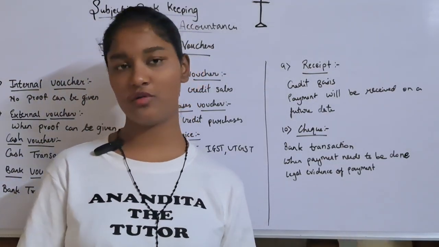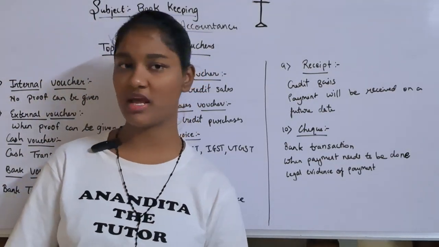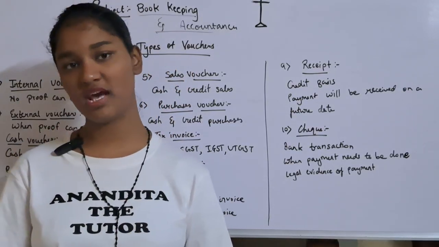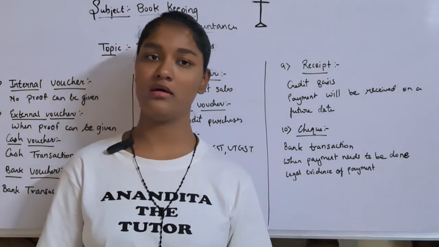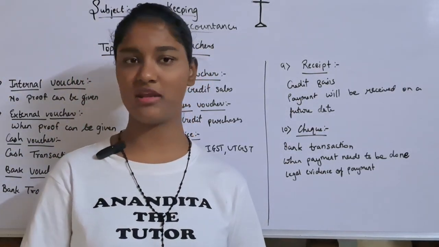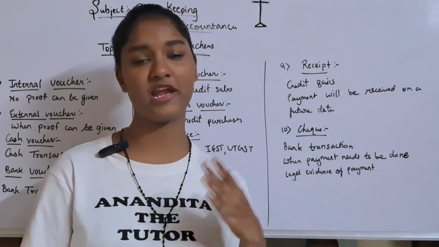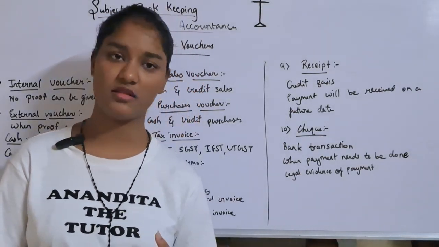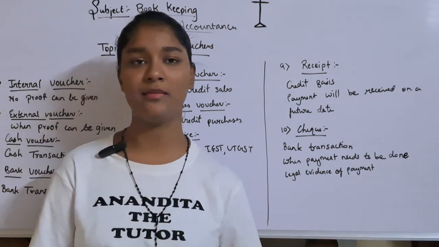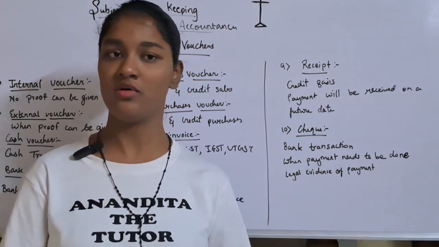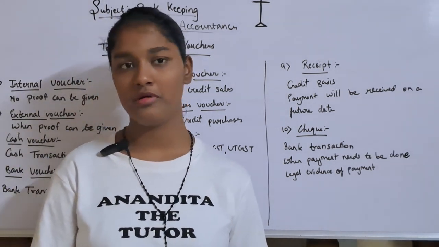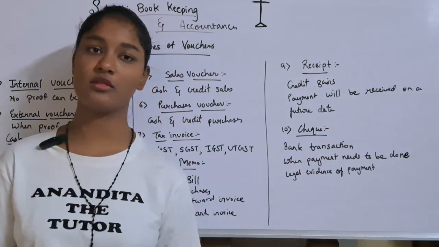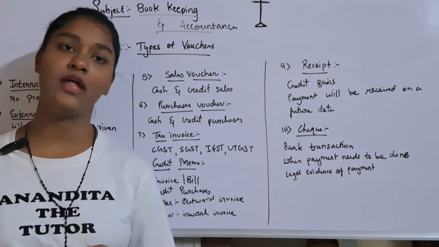Okay, so what I do, I want to do a bank transaction. So for that bank transaction, I'll write a check, I'll sign it. Okay, cross check, bearer check, that I will tell you all later in the next video. Okay, I do all the necessary things. I write the date, I write the amount, I write the payee name, to whom I have to pay. Everything I wrote, so that will be called a check.